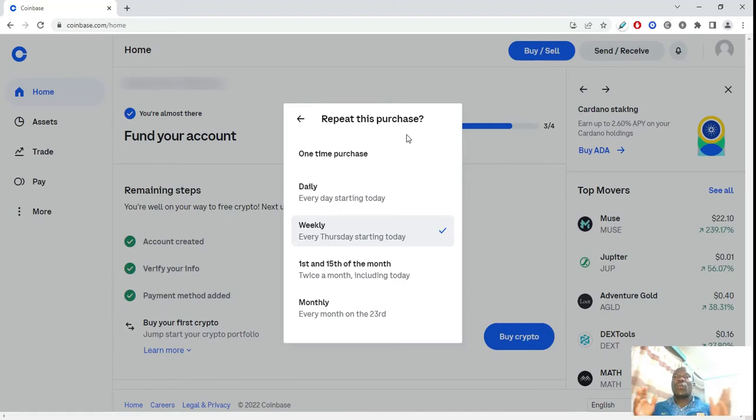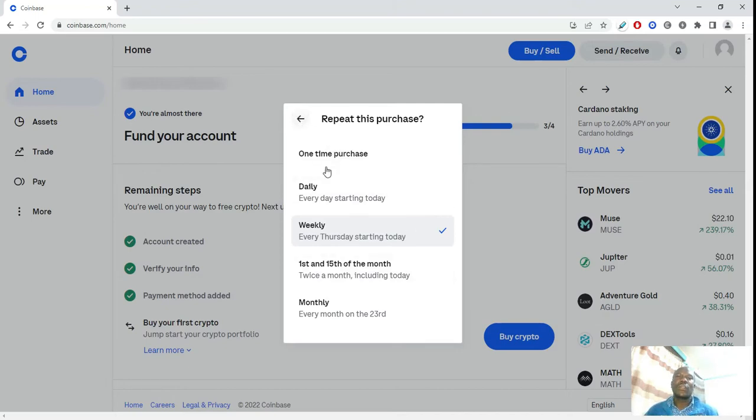So when you calculate the average of these times that you've bought crypto, you'll find that you're buying it cheaper than the guy who will just wait and buy it when everything is like $40,000 or even $60,000. So this is what is called dollar cost averaging, and you can do it here.